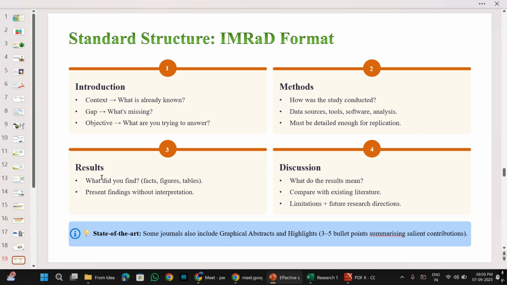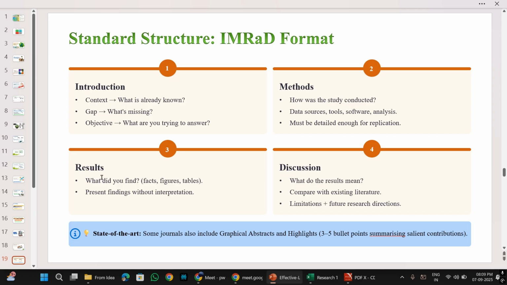So you compare your data with their data and see what they have deduced and what you are deducing, and make a comment on it. And you also talk about what were the limitations of your study, and what should be done in future to overcome those limitations, because limitations should never be left as they are.